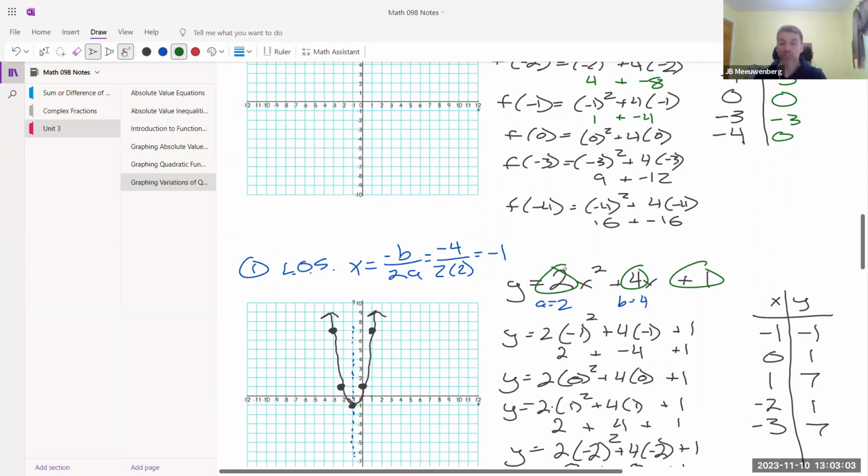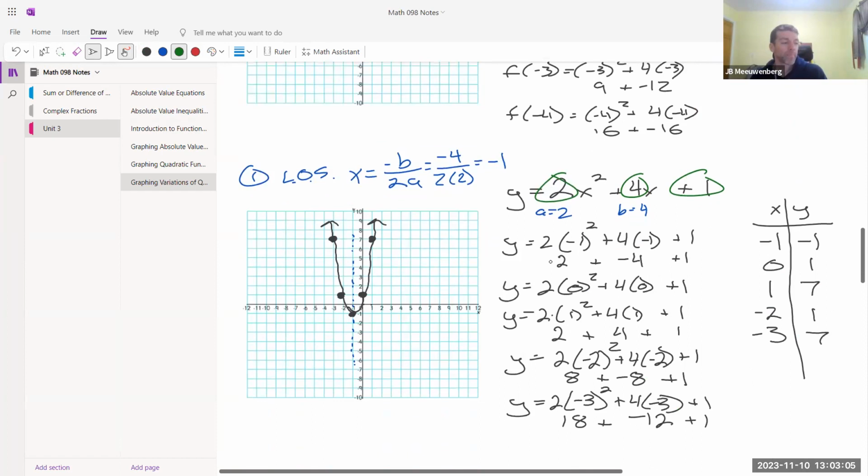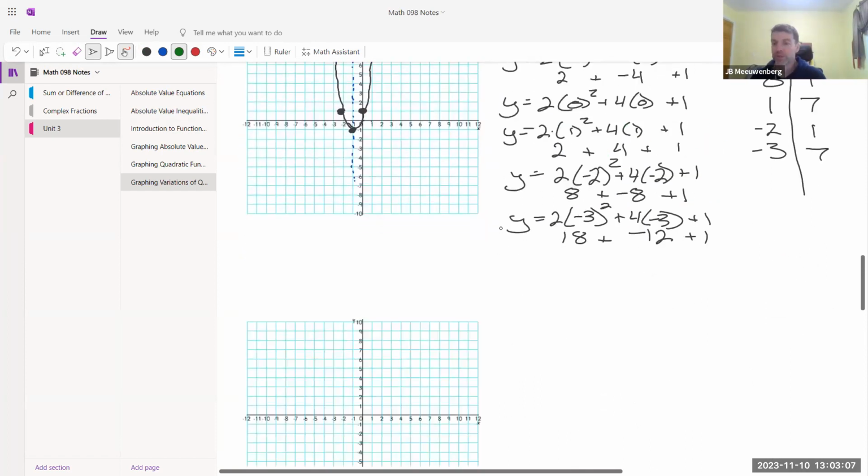A couple other things to note. The parabolas we worked with in a previous video were centered around the x or the y-axis, and these ones are not. Can you tell why? I'll tell you why. What can you look at? Here's the generic form of a quadratic equation.